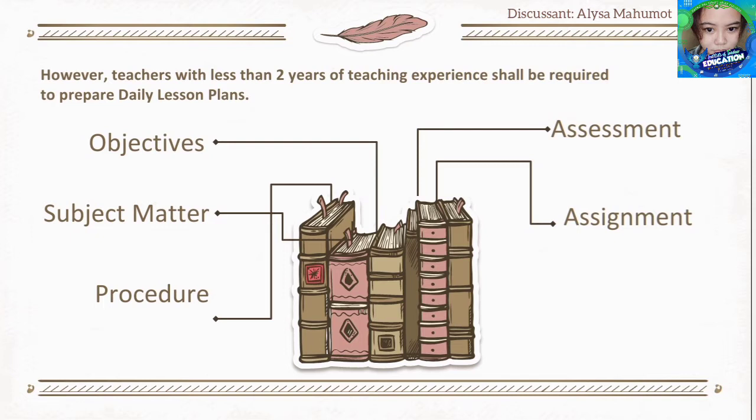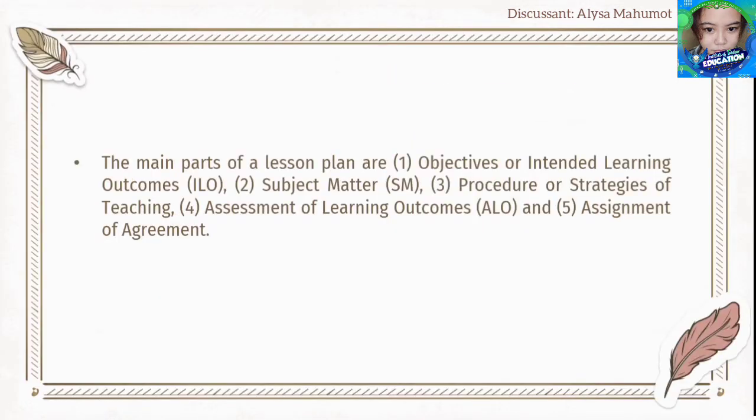At ito ngang objectives, subject matter, procedure, assessment, and assignment serve as their guide to make a well-constructed lesson plan, at iisa-isahin natin kung ano ang mga mahahalagang nakapaloob dito. So these are the main parts of lesson plan.